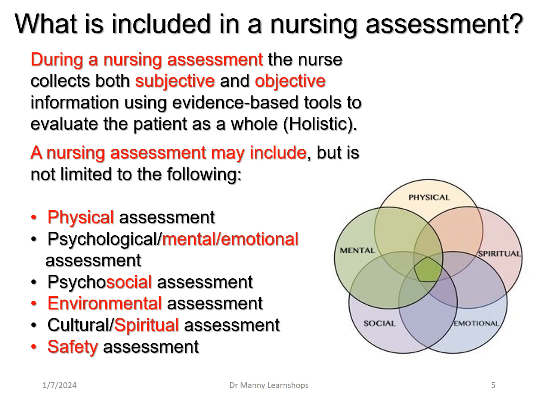A nursing assessment may include, but isn't limited to, the following: physical assessment, psychological, mental, emotional assessment, psychosocial assessment, environmental and cultural and spiritual assessment, and a safety assessment. But there could be more.